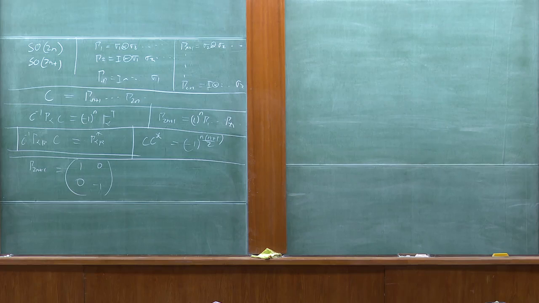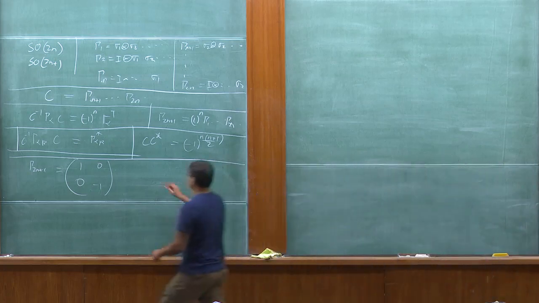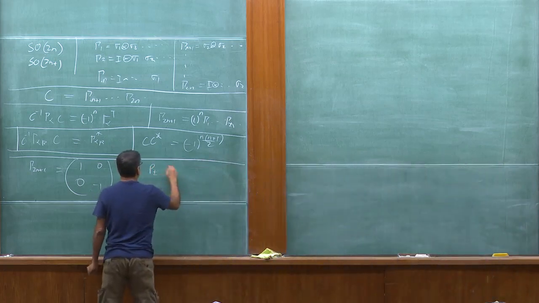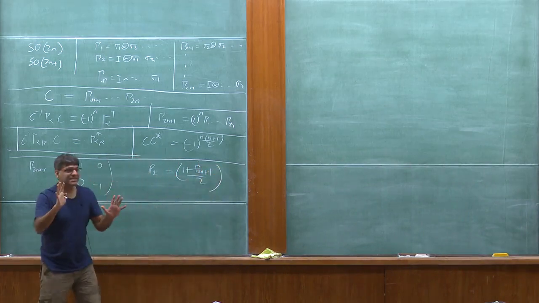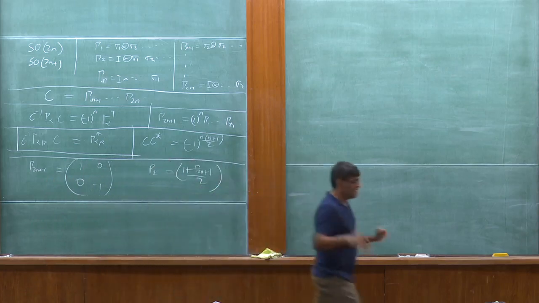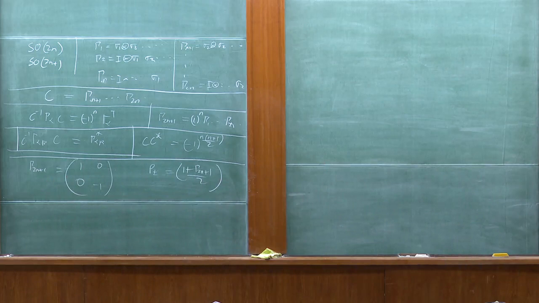The projectors P plus/minus equal (1 plus/minus gamma 2n+1)/2 projected spinors. Gamma 2n+1 played a different role in SO(2n) and SO(2n+1). In SO(2n+1), it's just another gamma matrix that obeyed all the properties of the gamma matrices, including the complex conjugation properties.